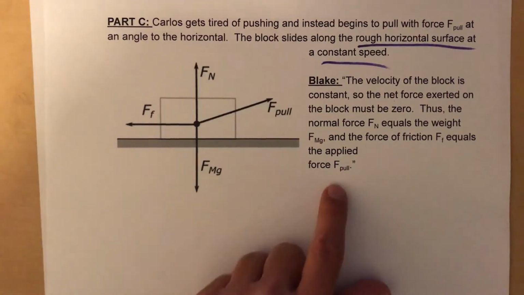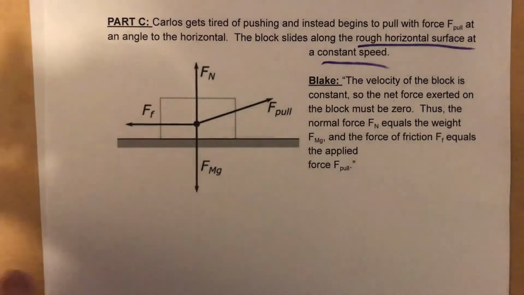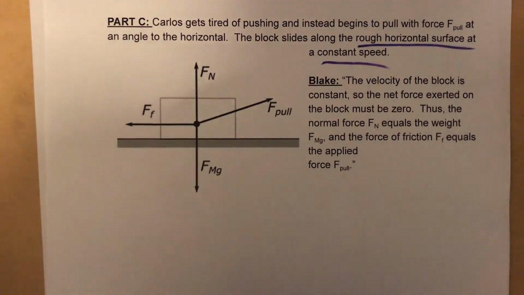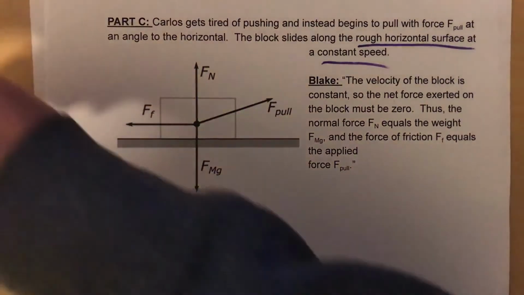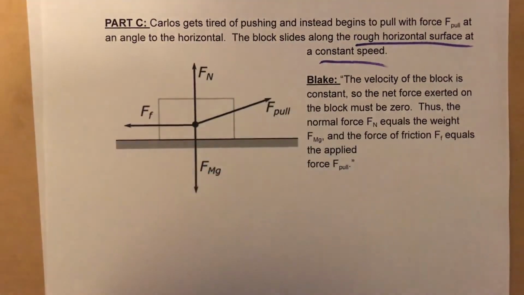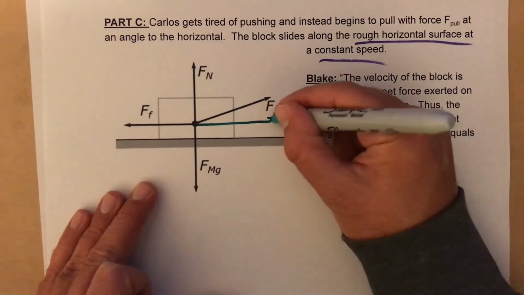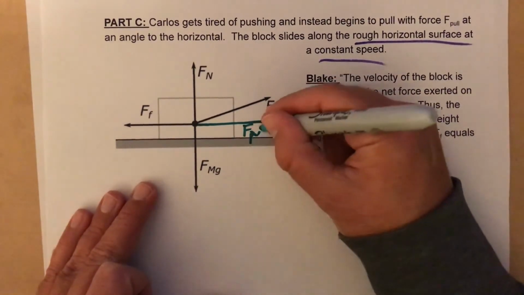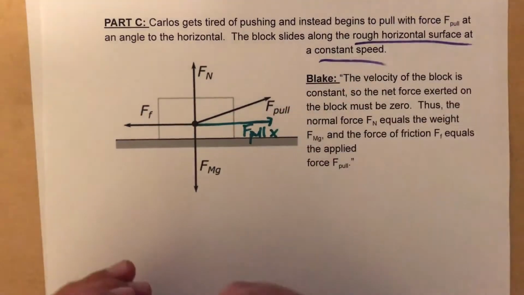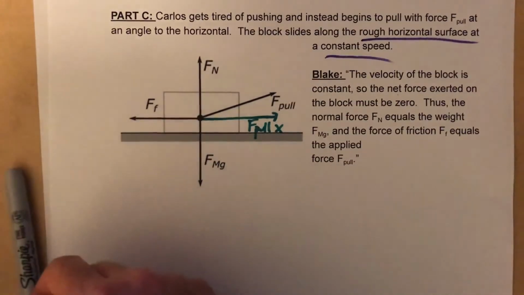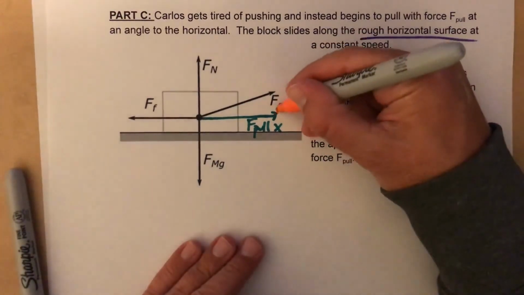Well, in this case here, it's not quite as simple as it seems, because we actually have a vector here, and it's got components. So we could call this component right here F pull X, for example. And then we have a vertical component here.